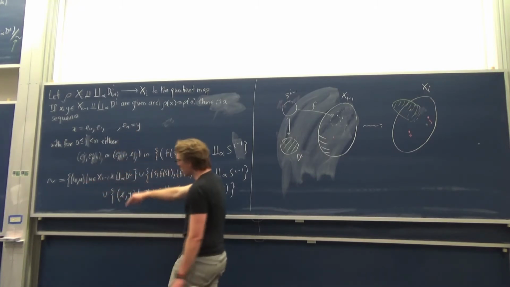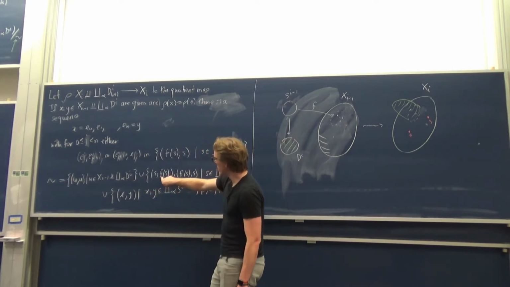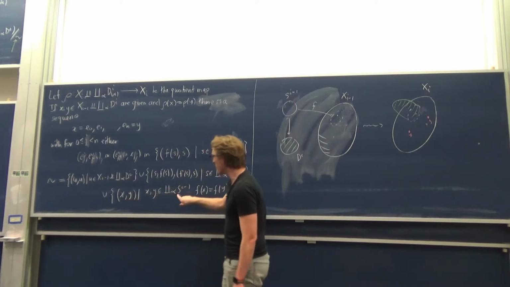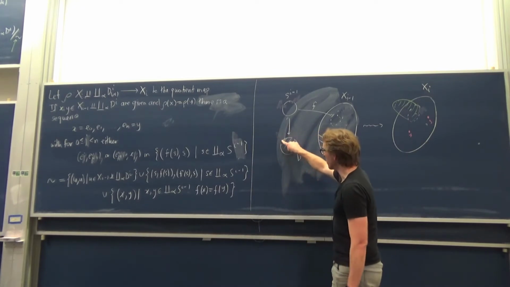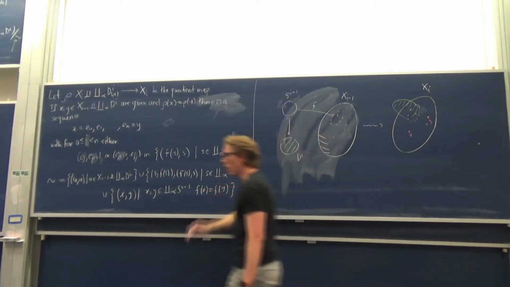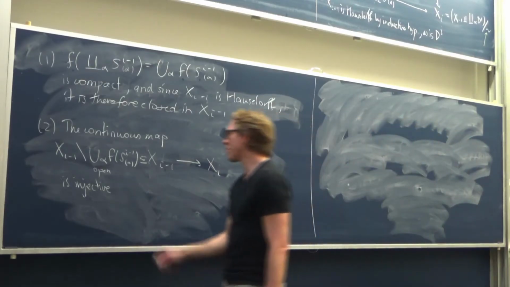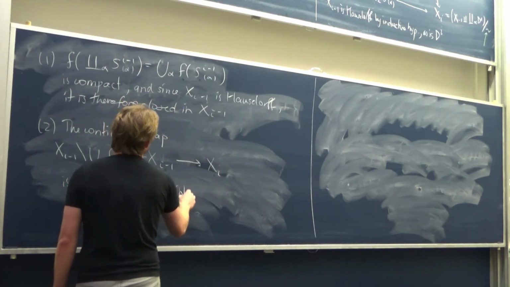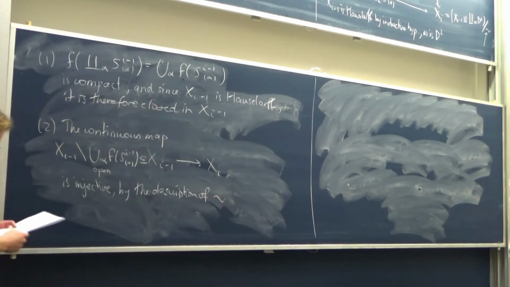So any distinct pair of points which is in X_{i-1}, well, these involve one of them being in the image of f, and these involve both of them being in the boundary circles. And they're talking about points over here, in fact, not about points coming from this part of the disjoint union. Okay, so from the way we've described tilde, we know that's injective.